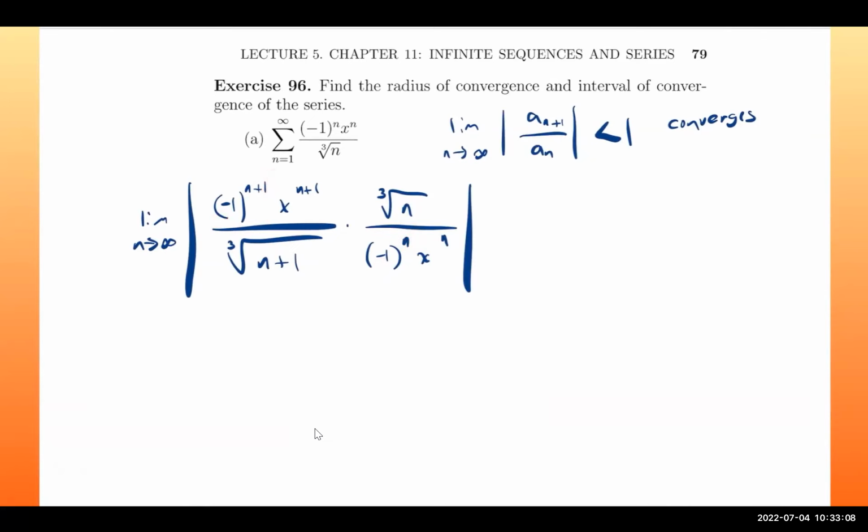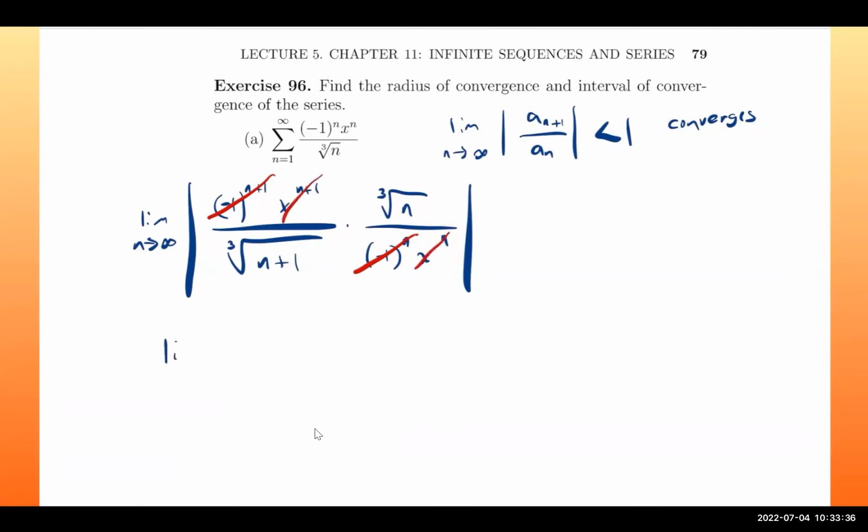They're going to cancel out, and you're left with a -1, but then the absolute value of -1 becomes +1. These both have cube roots, so we can combine those into one. The x to the n will cancel out, but you're going to be left with an x to the first power.